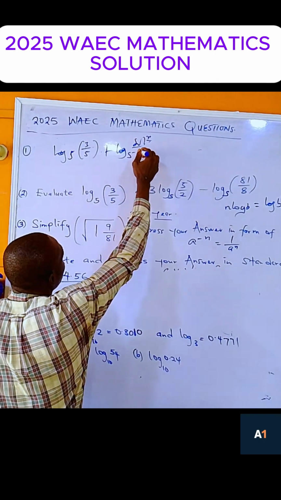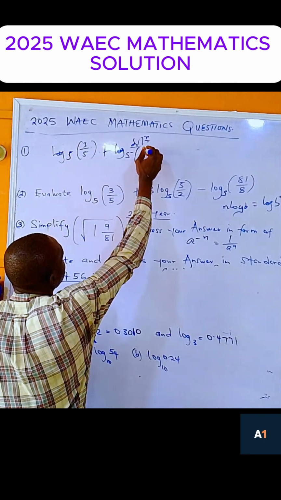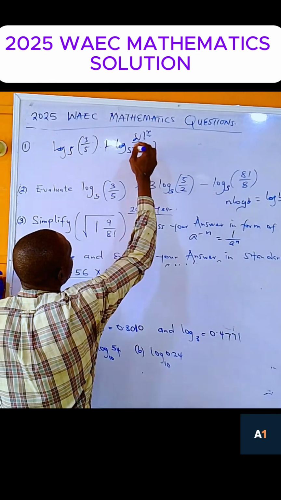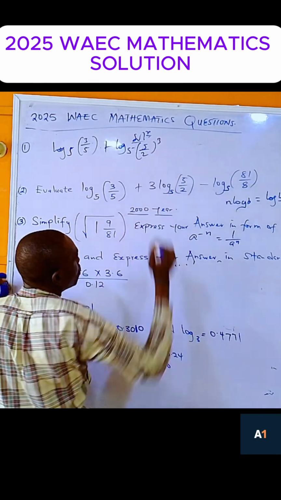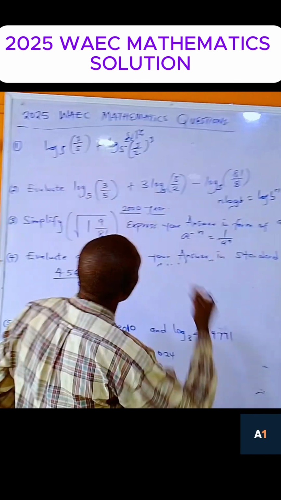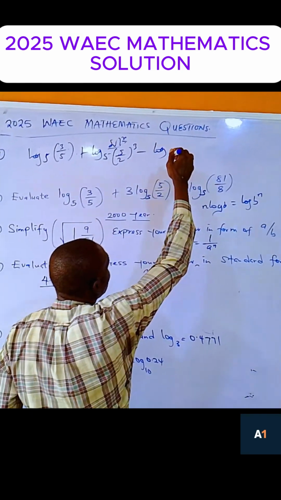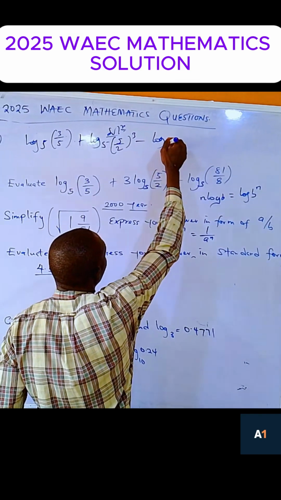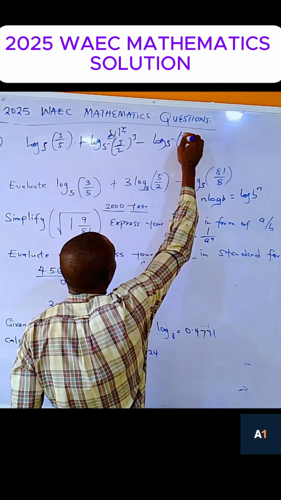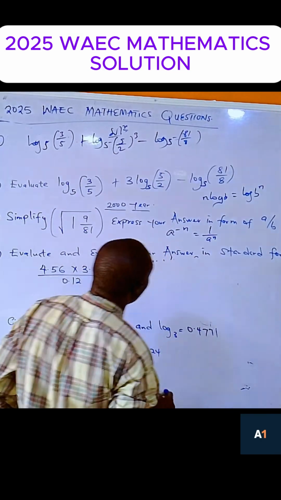Then this one will be open bracket 5 over 2 raised to power 3, based on this law. So this one will be minus log base 5 then 81 over 8. So this law will look like that.